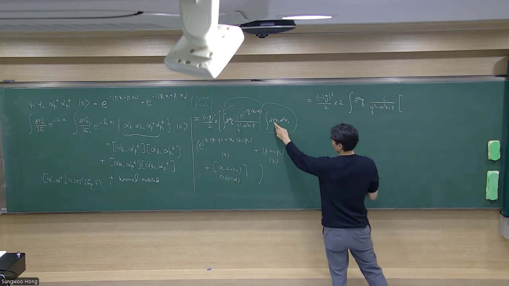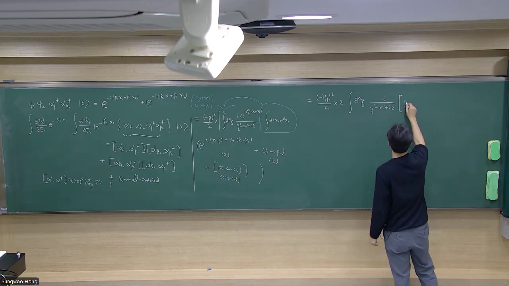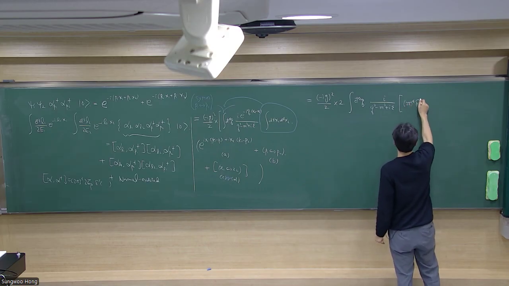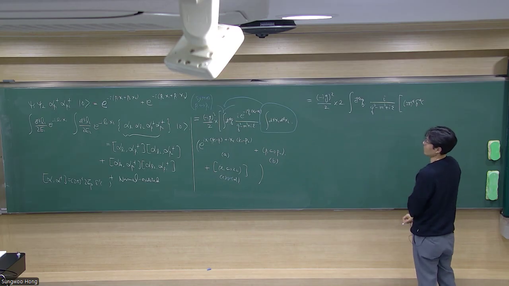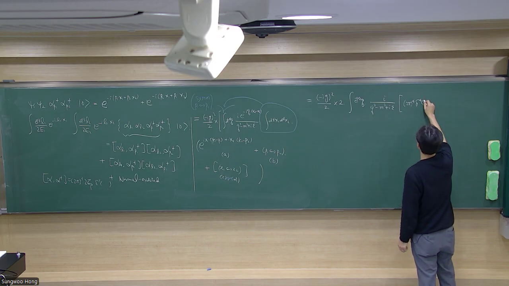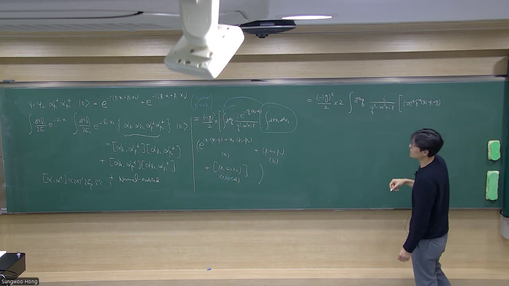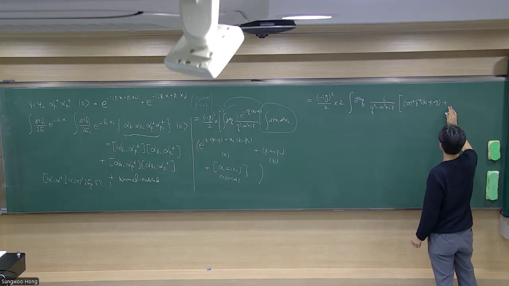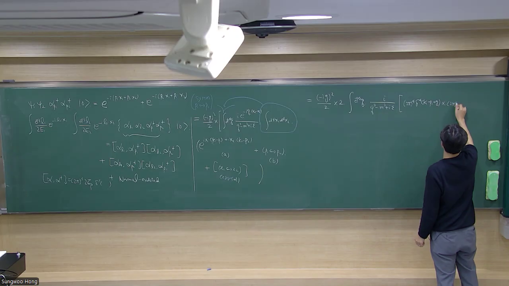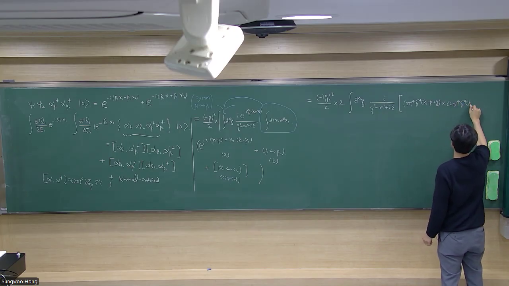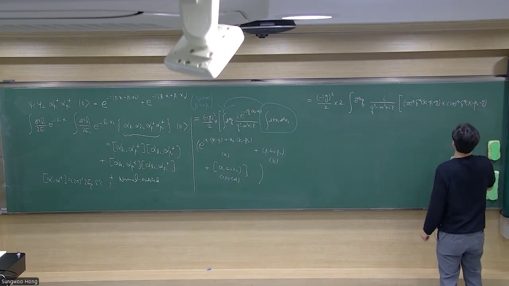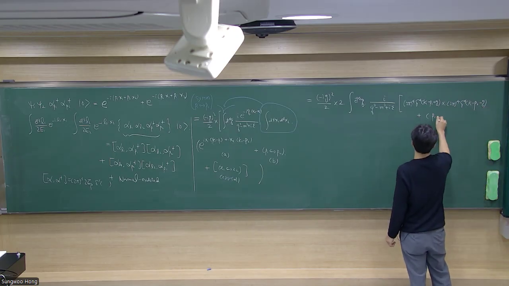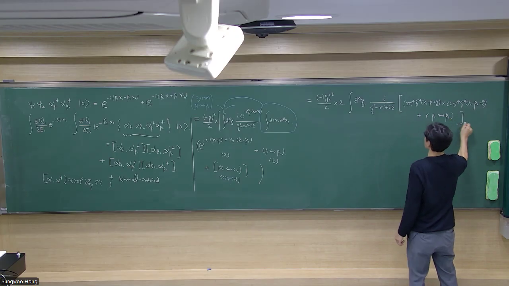And then if you do the x integral, what do you get? You should get 2 pi to the 4th delta 4 of k1 minus p1 plus q minus q, something like that. Let's see if I get that right. And then 2 pi to the 4th delta 4 of k2 minus p2 minus q, something like that, right? And then I'm going to have a term with exchange of q and p2. That will do that.